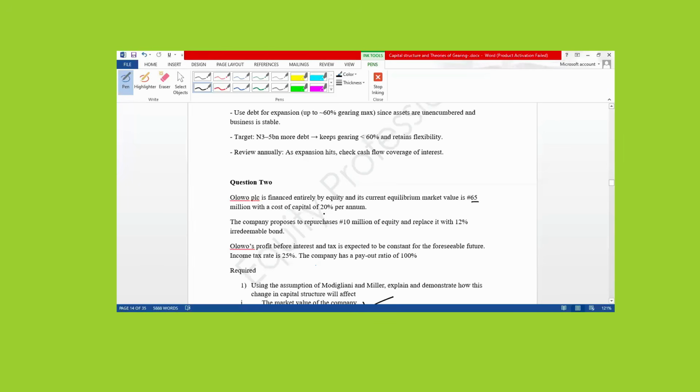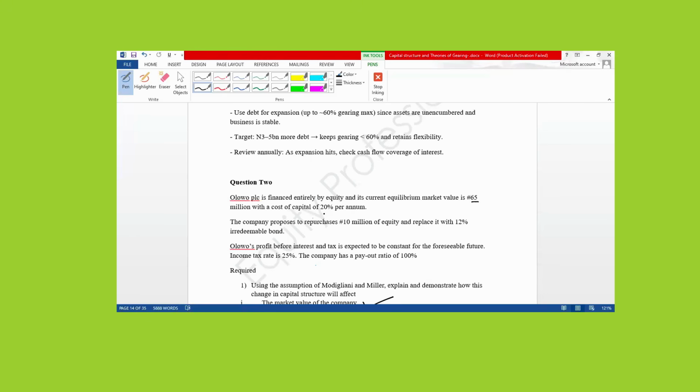Because the company is entirely financed by equity, that means the company is an ungeared company. Its cost of capital is also its cost of equity. The only capital the company has is equity capital.